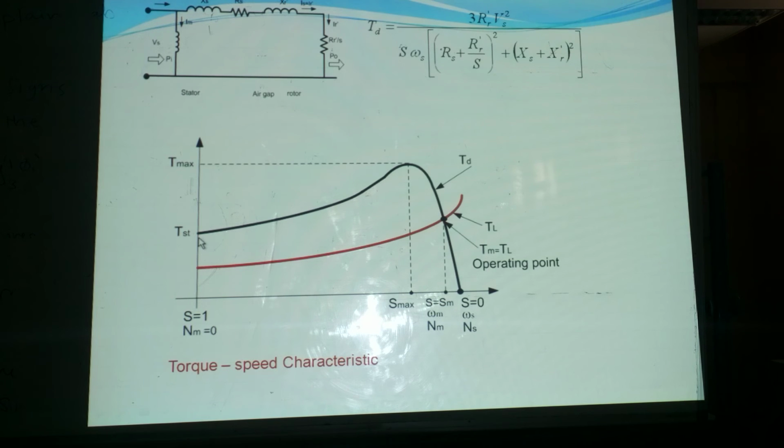So as the rotor speed increases, slip decreases from 1. As the rotor speed increases, torque developed also increases. At this point, torque becomes maximum, right?